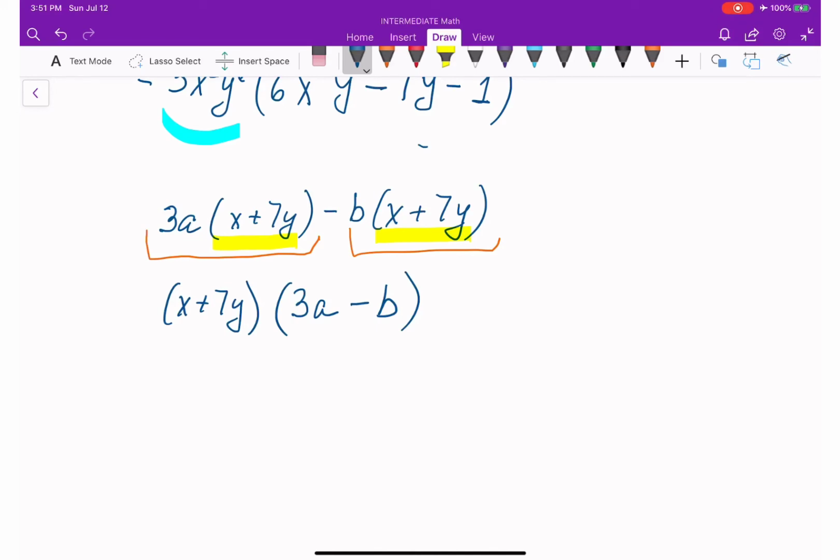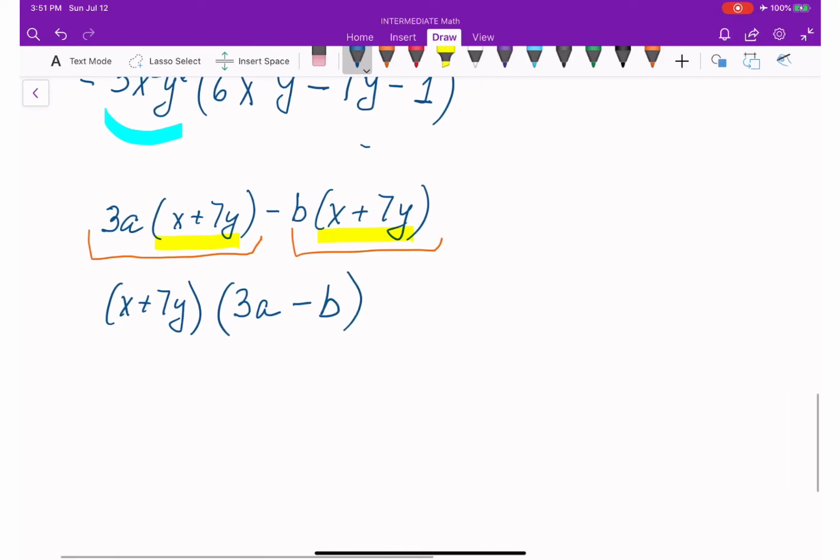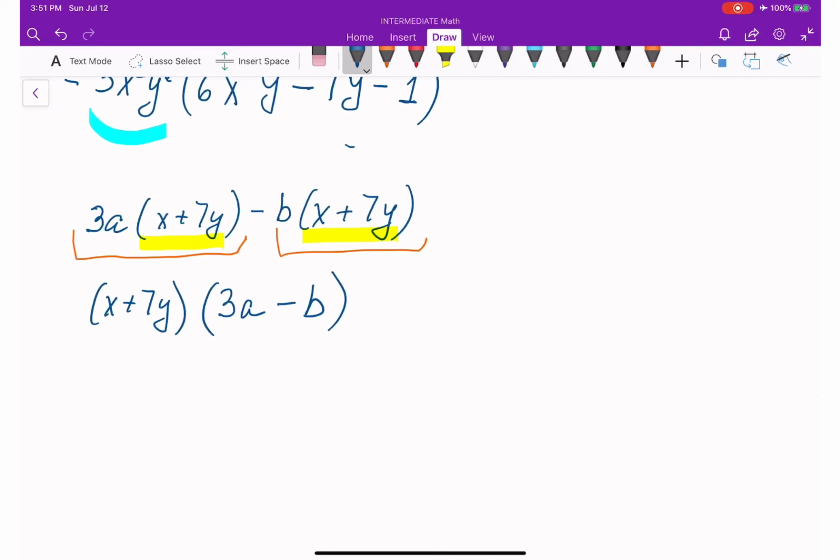Let's do another one. 8x times (x minus 9) minus (x minus 9). So what is going to be here? The common factor is x minus 9, right?